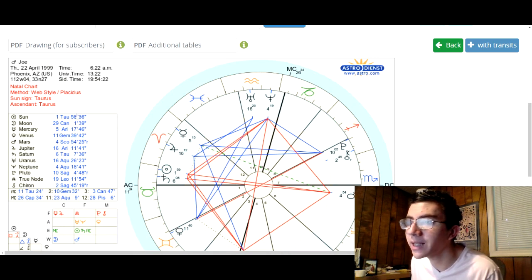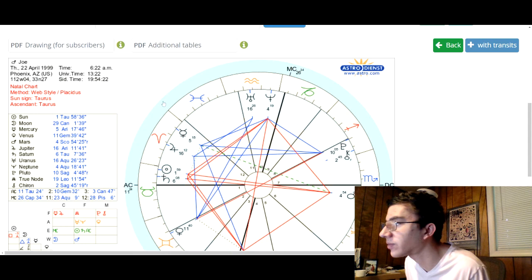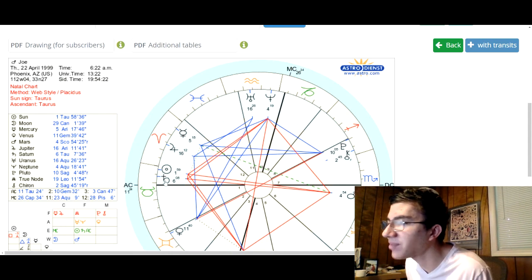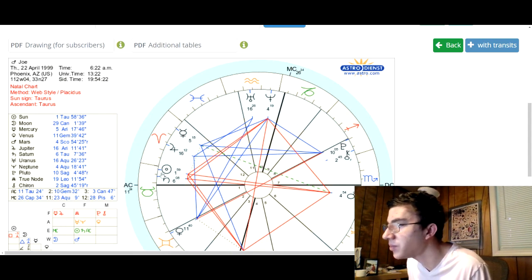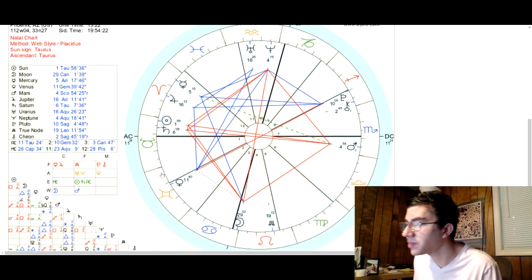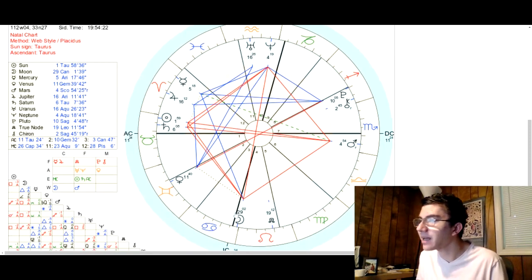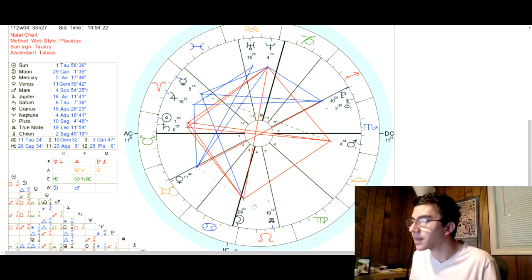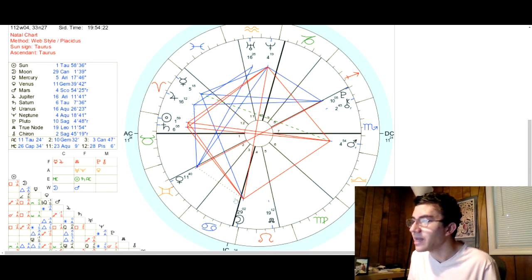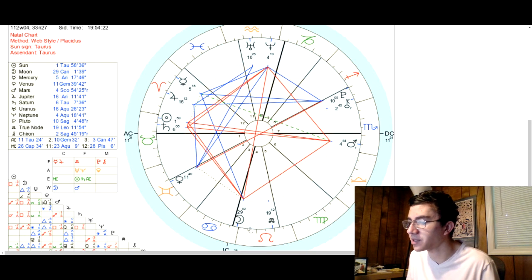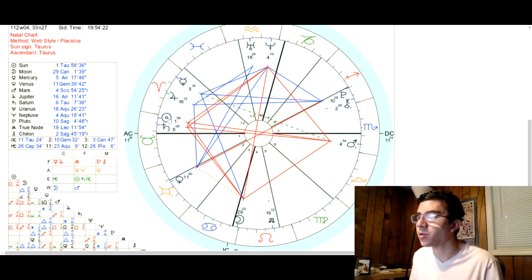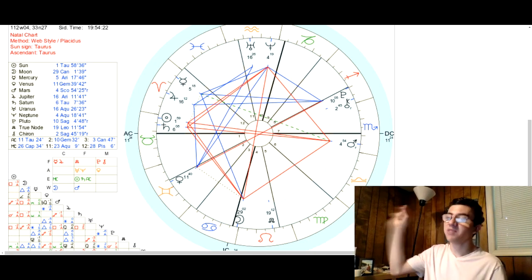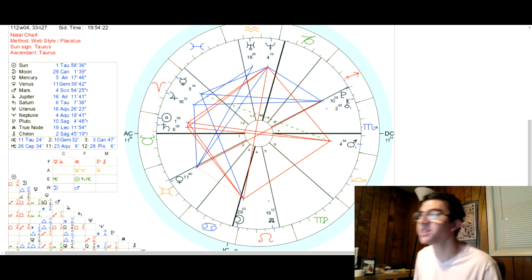And then the sun and moon, for instance. We have the sun here and the moon here. It would be moon in Cancer and sun in Taurus. It would be sextile because we have the sun in an earth sign and the moon in a water sign.